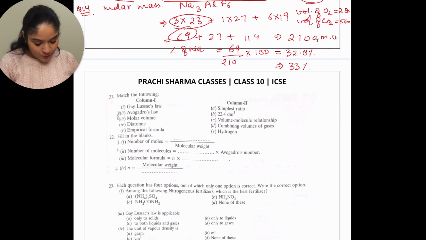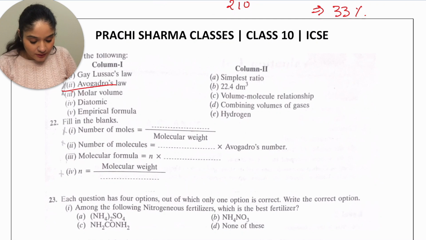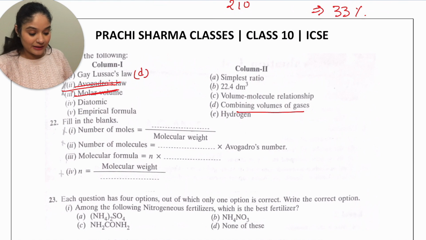Move ahead with question number 21. So in question number 21, the second and third parts are not in the syllabus. Now let's look at the remaining three. So Gay-Lussac's law is related to combining volumes of gases. So the answer would be D. Then the fourth is diatomic, that is related to hydrogen.